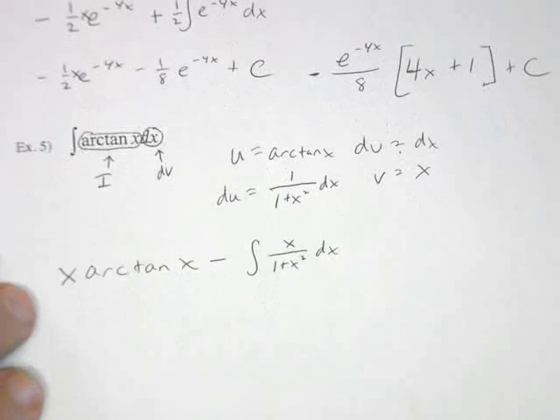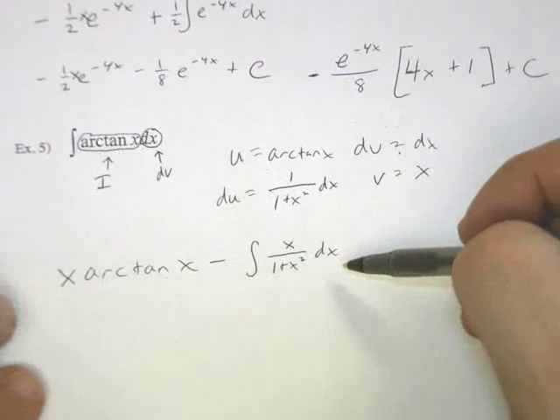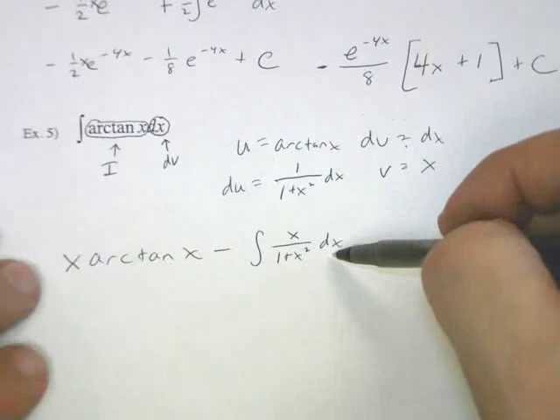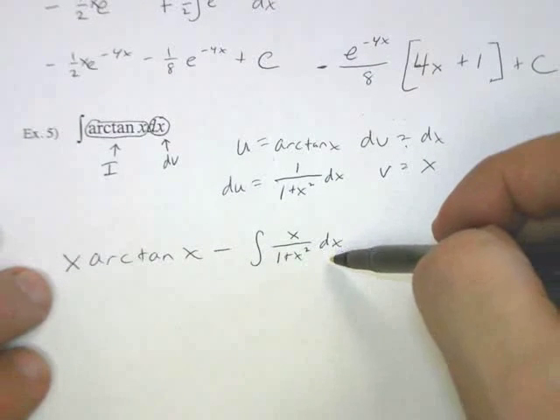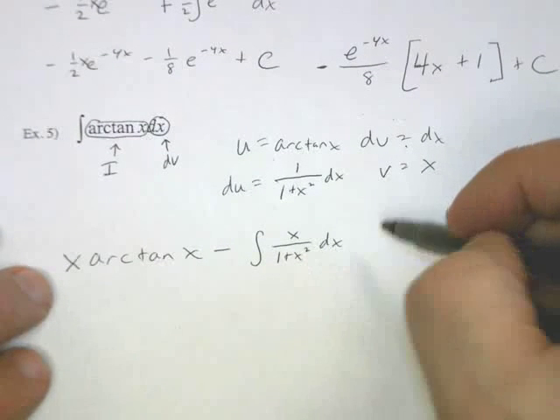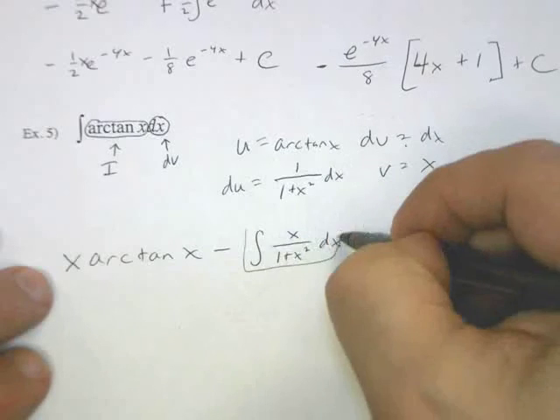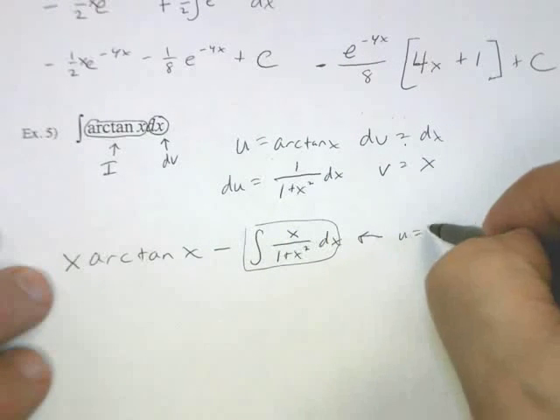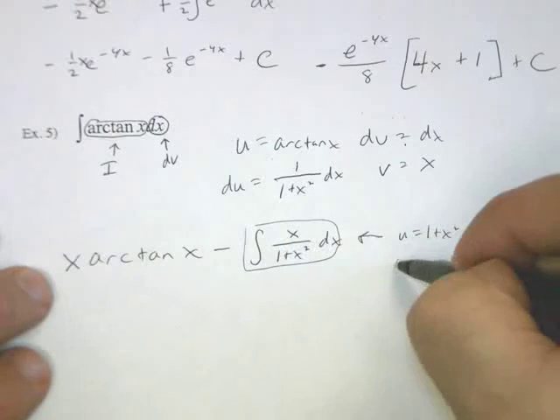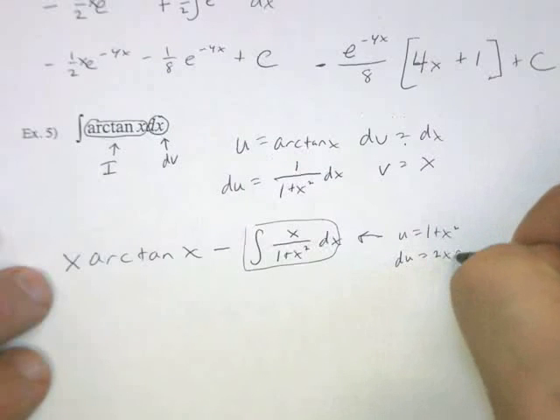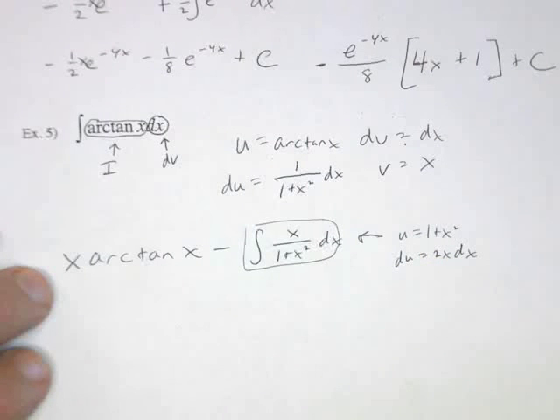Okay, now you might think, well, all we have is another integral that looks as complicated. This is not as complicated, though. This one I can do a basic u substitution on. For this integral right here, if I make u 1 plus x squared, and I make du 2x dx, well, I have exactly what I need.